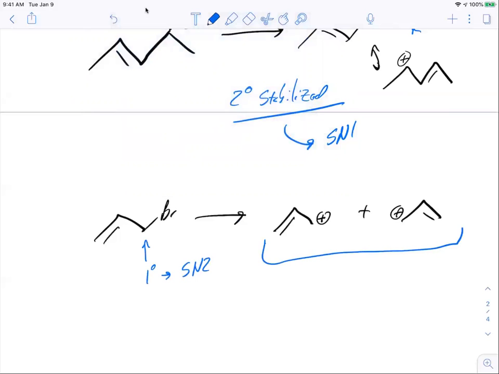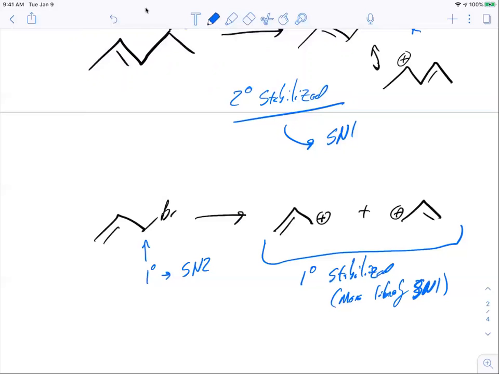And since this is stabilized, it's more likely an SN1. So here's a species where we have this competition.